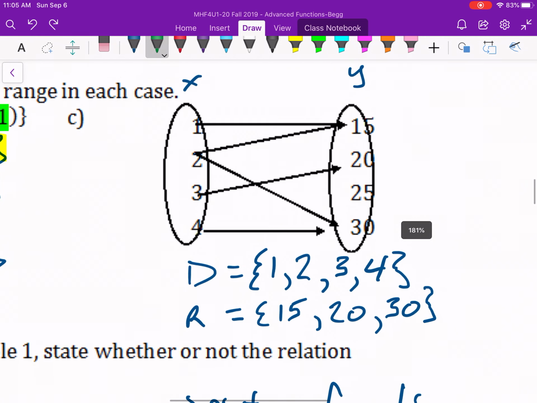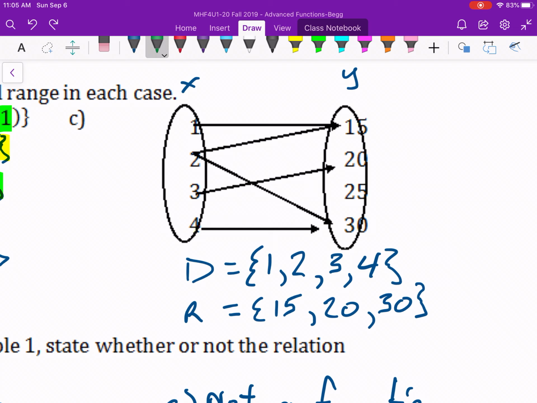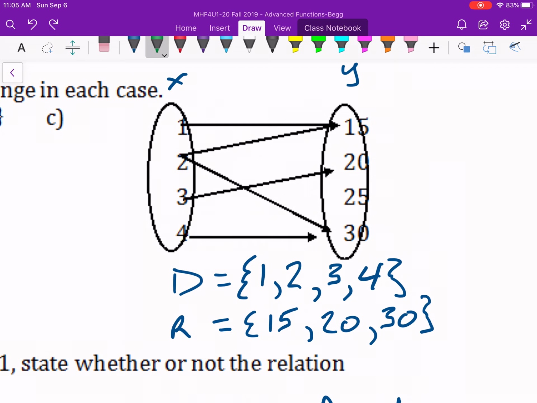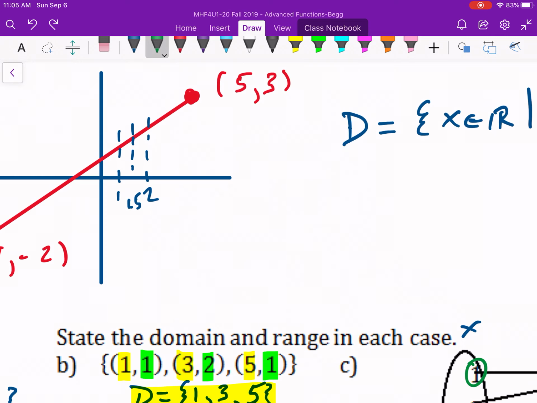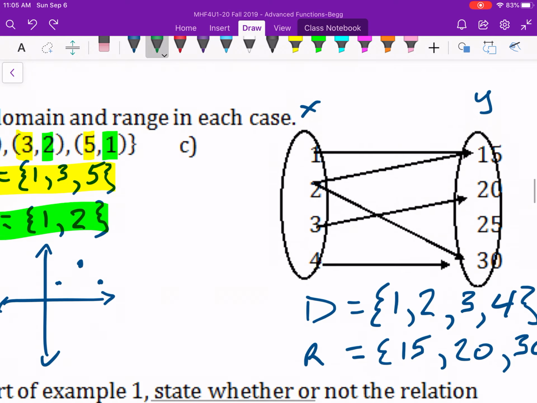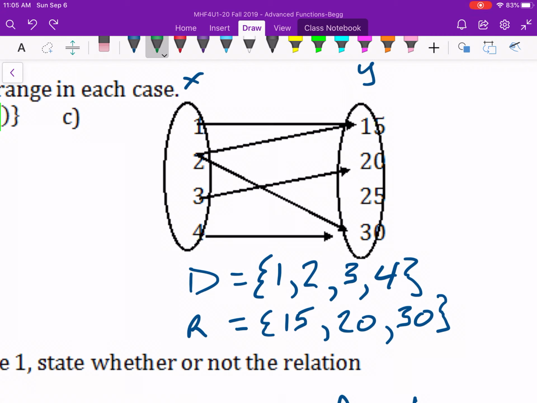For the next one, this is a mapping notation. We talk a little bit about it, I think, in grade 11, and a little bit in grade 12. It's just a different way of showing how points go. So think of the x, where the arrows are coming from, as our input, our x values, and where the arrows go to are our output, our y values. So we can think of these as ordered pairs. We've got the ordered pair 1, 15. We've got the ordered pair 2, 15.